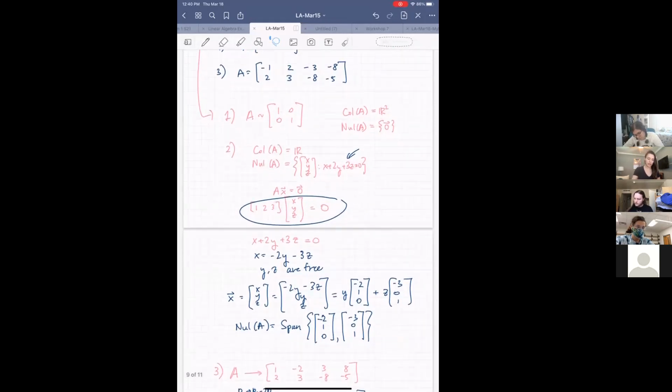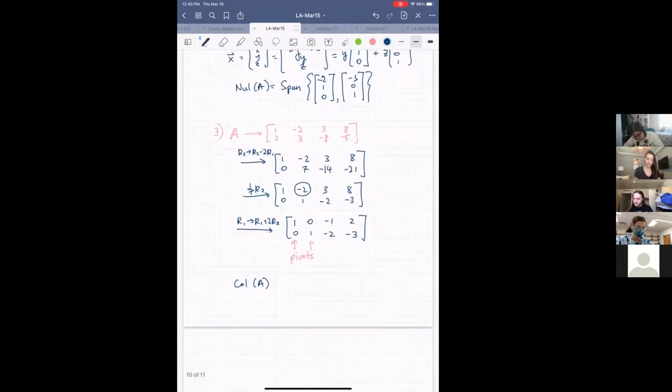Sorry, it's so far away. So it's going to be this first column and this second column. So it's -1, 2, and 2, 3. So instead of taking the columns from the reduced row echelon form, we're taking them from the original matrix, but they're going to correspond to the same columns, right?